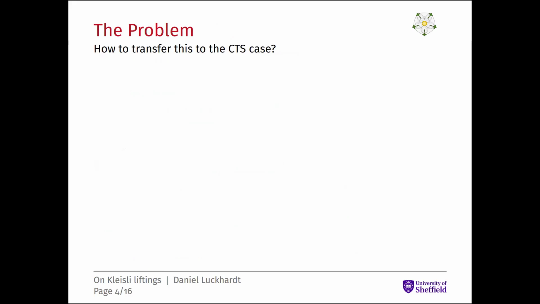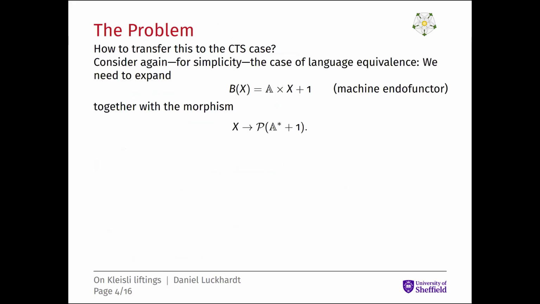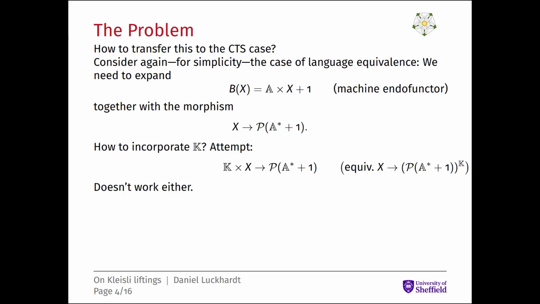So that was known. Now our question is, how do we transfer that to the conditional transition system, CTS for short? Well, Harsh, Sebastian, and I tried a lot. The idea is you have the monad over this endofunctor, so A times X plus a singleton, and we have this final coalgebra morphism, and now we have to somehow plug in the K. So where could the K go?